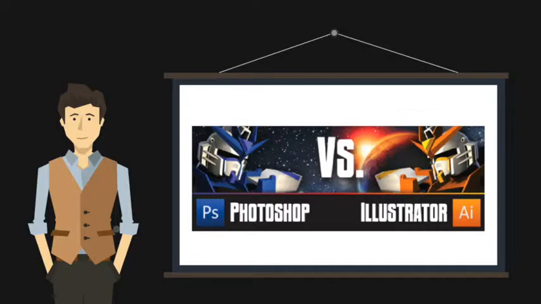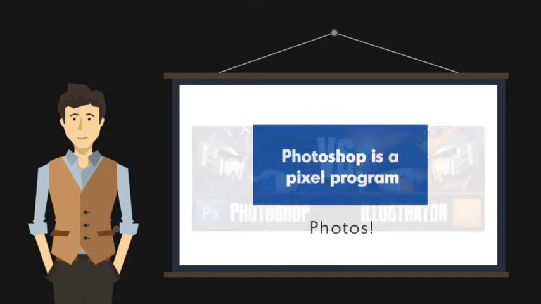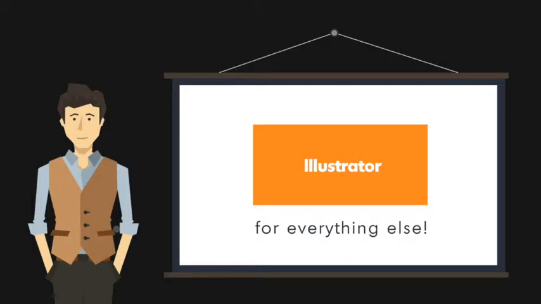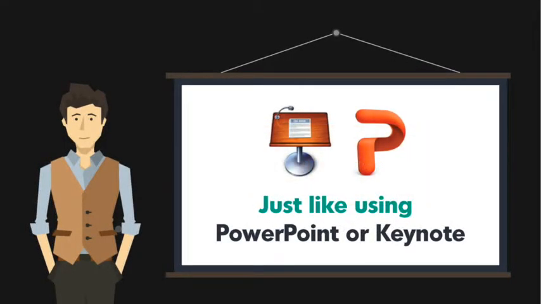The first point to cover is the difference between Photoshop and Illustrator. Photoshop is a pixel program, which is great for editing photos. However, if you want to do pretty much anything else, like creating infographics, illustrations, diagrams, and logos, then Illustrator is a much more effective tool. Using Illustrator is a lot like using PowerPoint or Keynote.